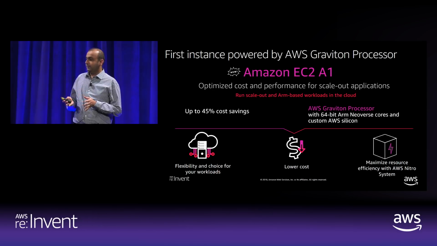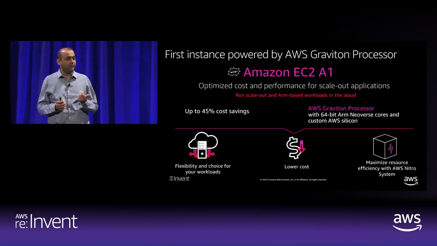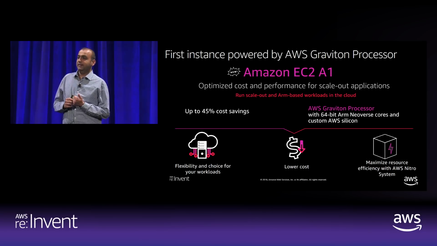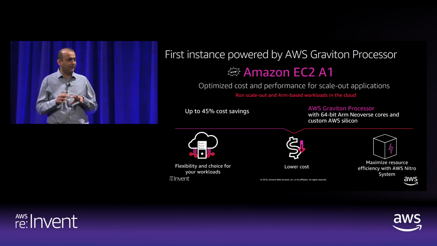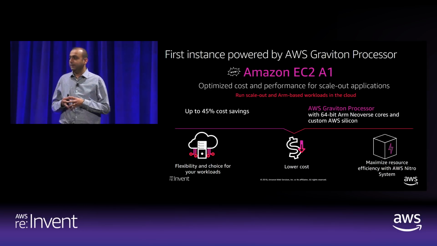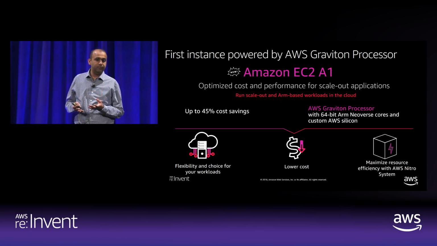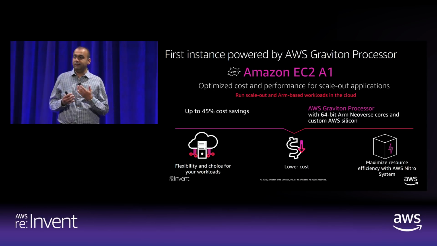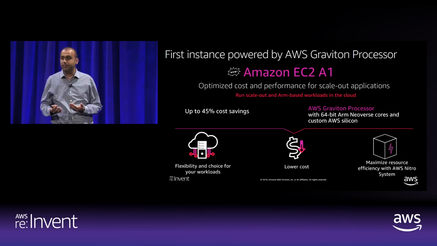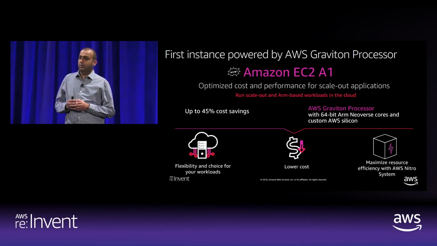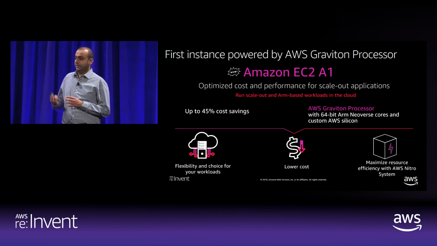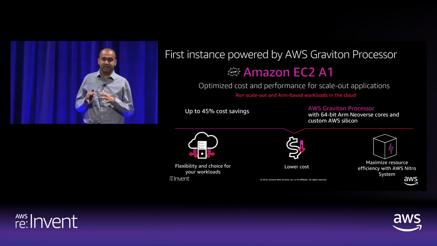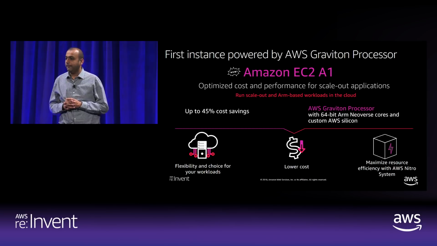What are the key benefits that are provided by the instances? These are threefold. Firstly, the instances offer flexibility and choice for your workloads. So customers can now access instances that are based on the ARM architecture in the cloud and develop new applications and innovate based on the ARM architecture, while experiencing the flexibility, security, reliability, and scalability of Amazon EC2.